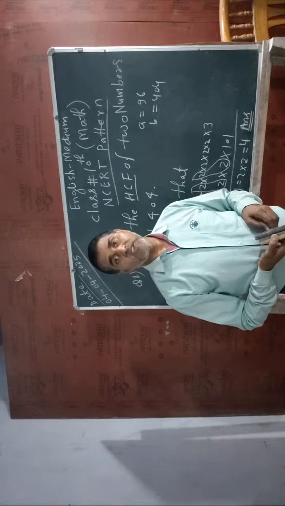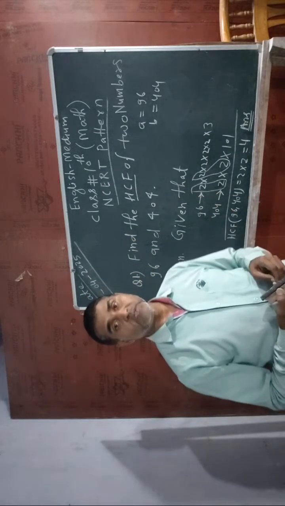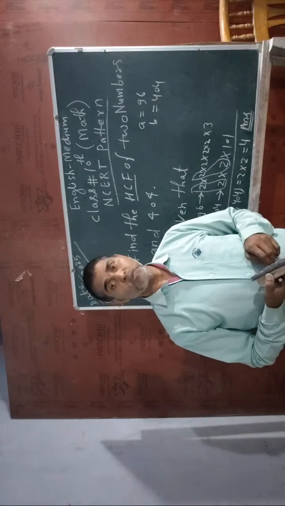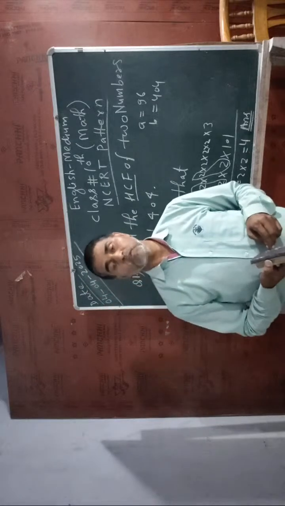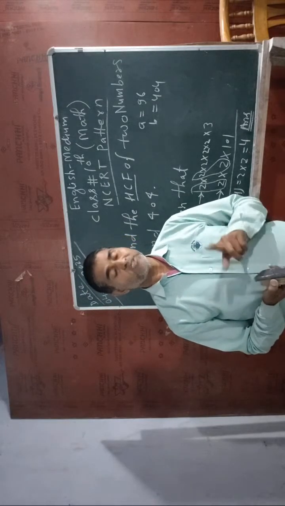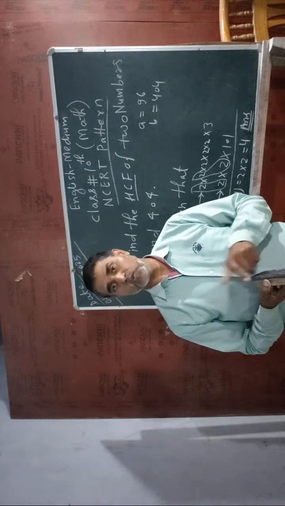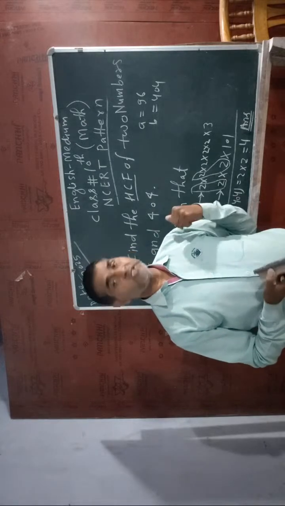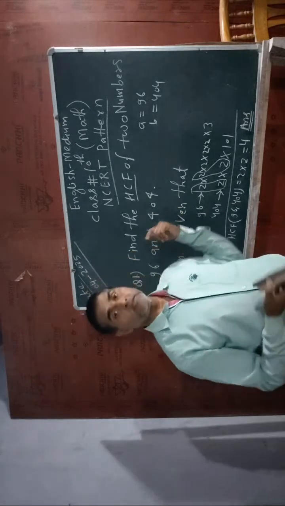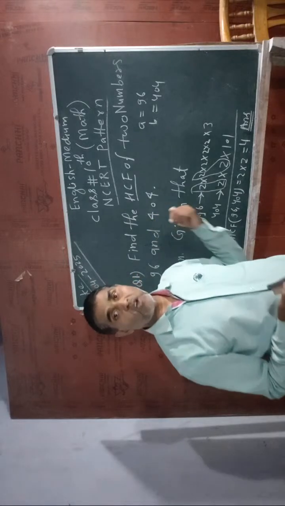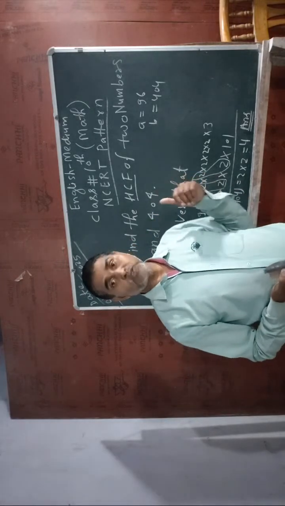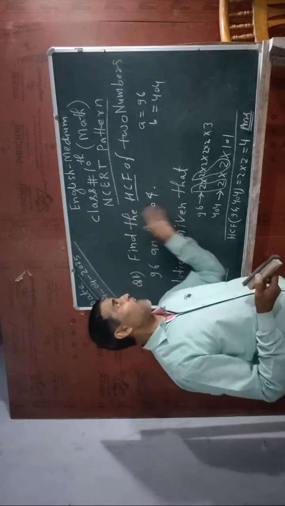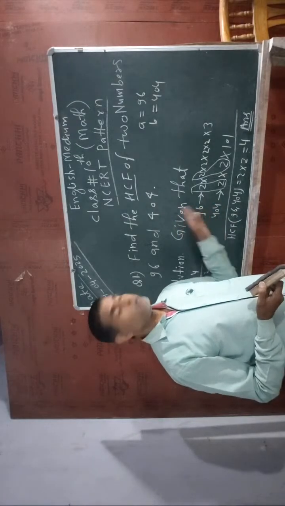Now this question I have completed, so I am going to start another question, and you take the solution of this question. Now an important instruction is that you have to follow positively and with discipline. First instruction is that you have to take one notebook and one pen, and you sit properly. When I am speaking or writing any topic, you must write that topic in your notebook, and also write what question I am writing on the blackboard and how I am going to give its solution properly one by one.